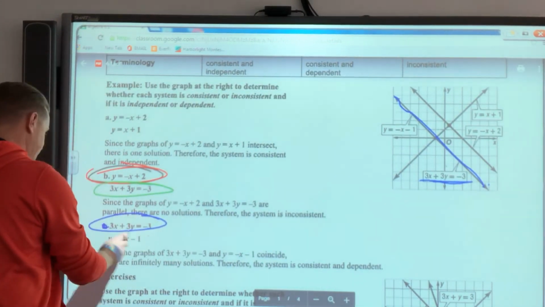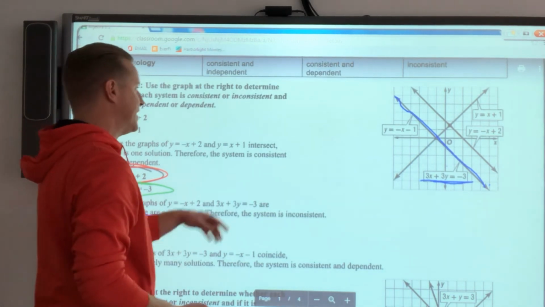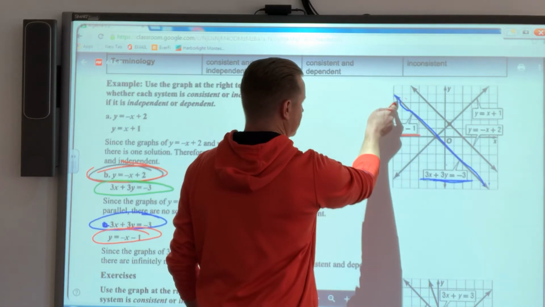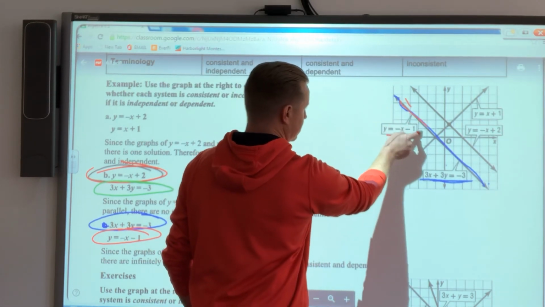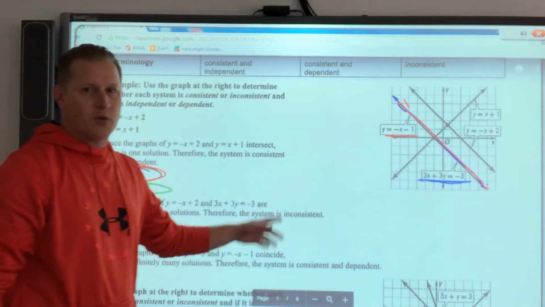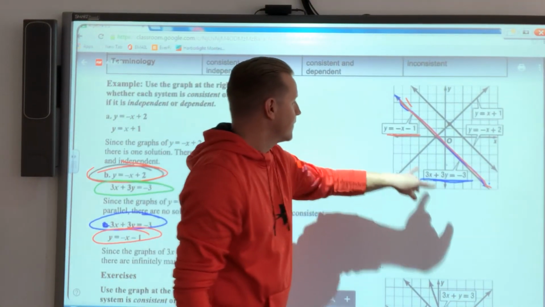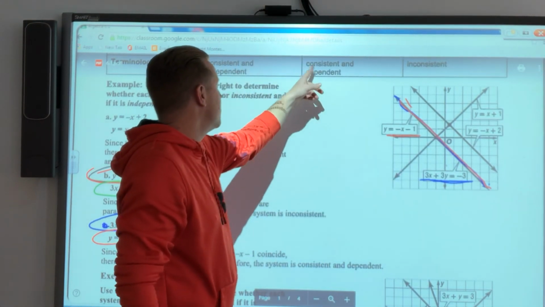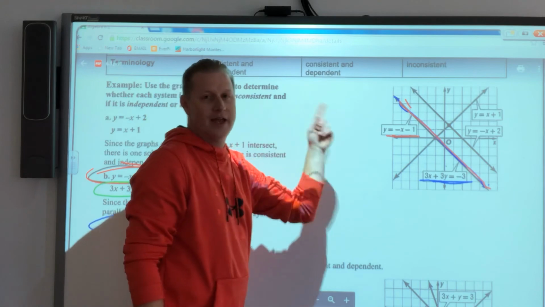Comparing that with y equals negative x minus 1. They've graphed that for us as well. First thing, what do we notice? Obviously, it's the same line. Makes it easy. We know the same line is consistent and dependent.